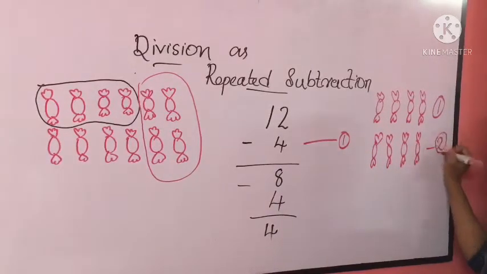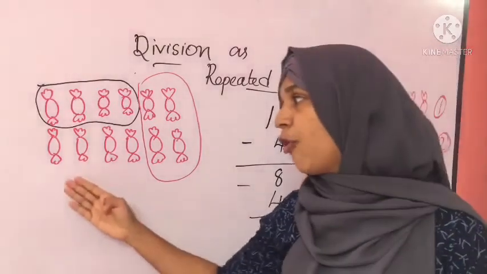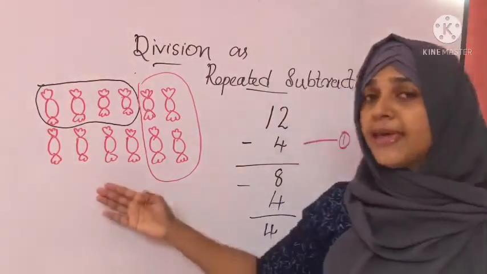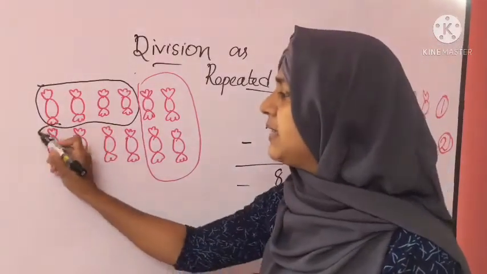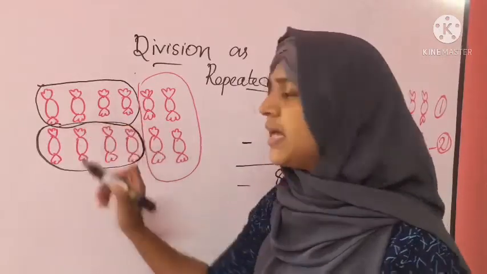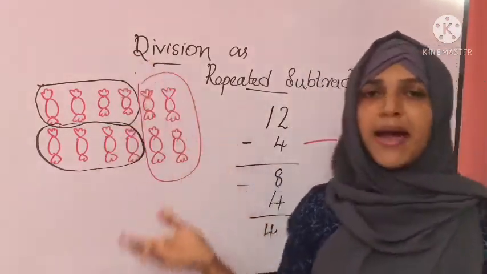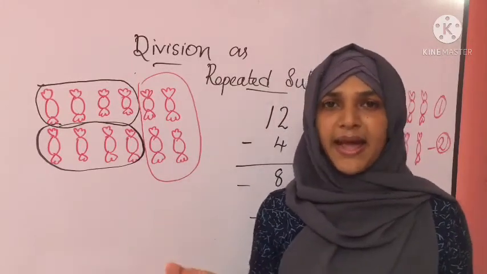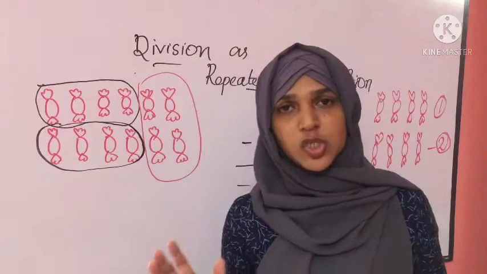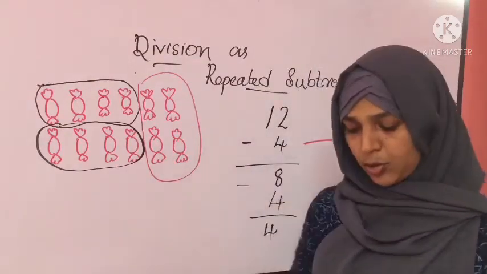So this is the second group of 4 chocolates. Now we have 4 more chocolates, and we are taking these 4 chocolates to the third group. In my hand there will not be any chocolates. There will be only 0 chocolates when I take these 4 chocolates to another group.